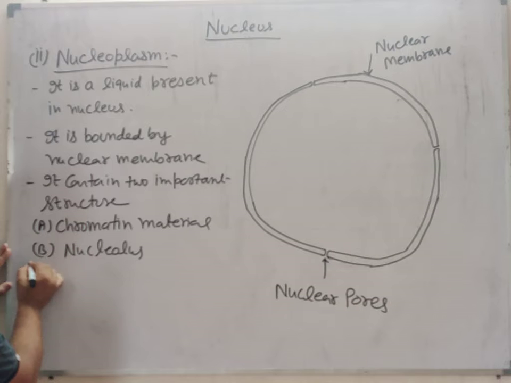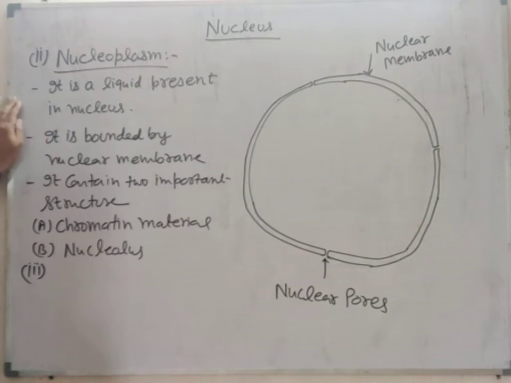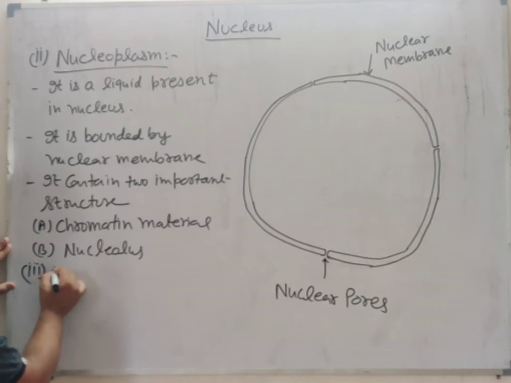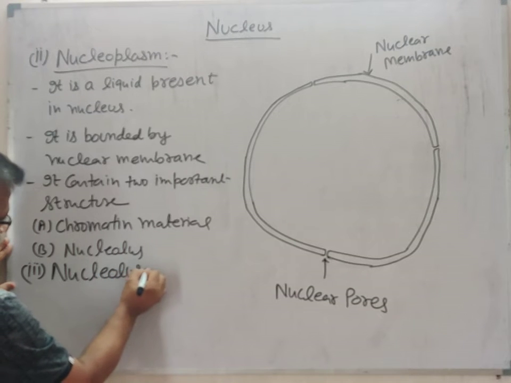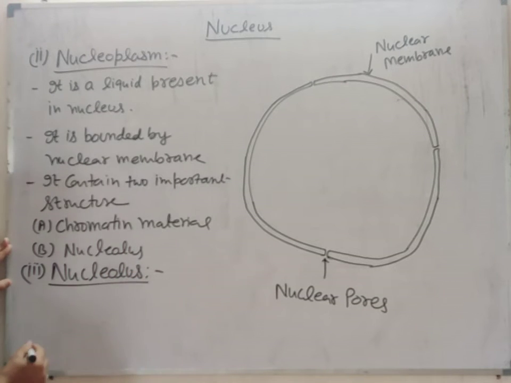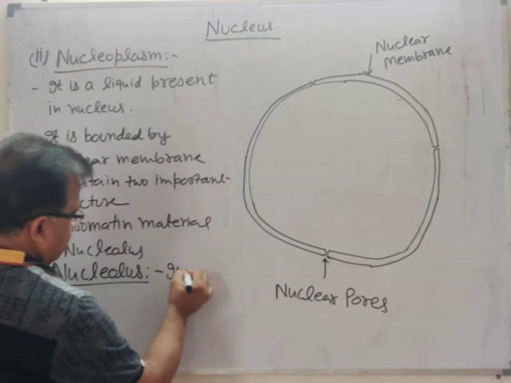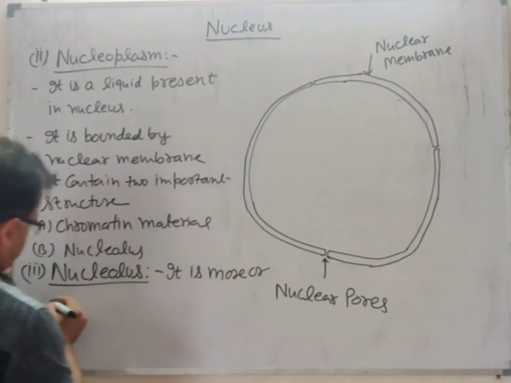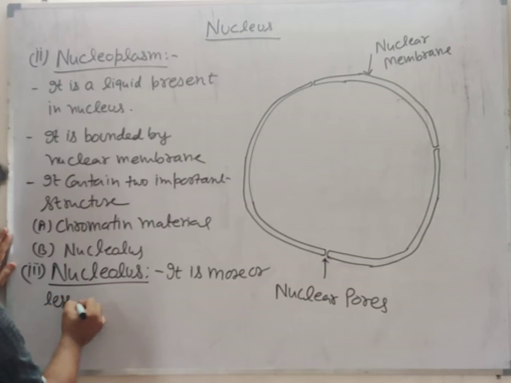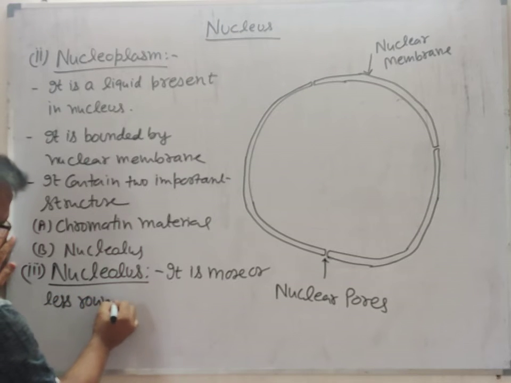First we have studied nuclear membrane, then nucleoplasm. Now nucleolus is present in nucleoplasm. Nucleolus is more or less a round structure.